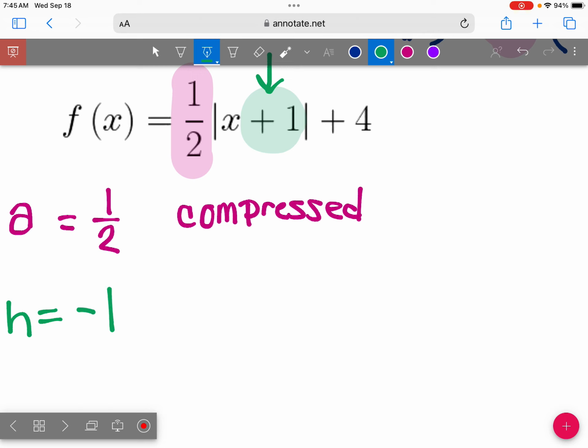It's always the opposite of what's inside there. So an H of -1, what way does that move us? Left. H is horizontal. Do a hula. Go side to side. Negatives are to the left. So this is going to go left 1 space. That's a 1. My L's and my 1's look identical. There we go. Just so we're clear which one's a 1 and which one's an L.